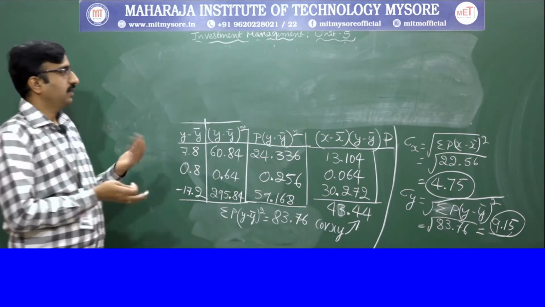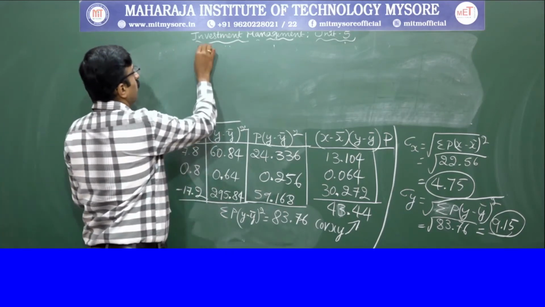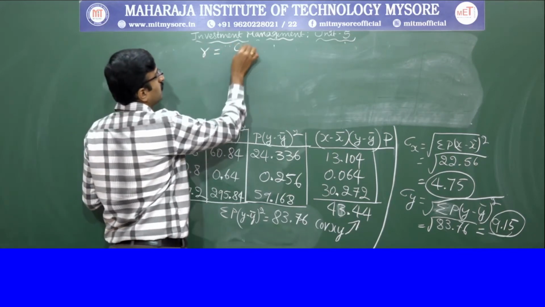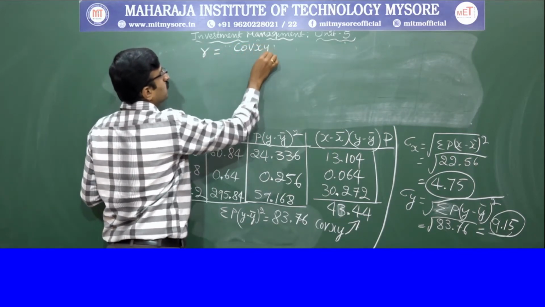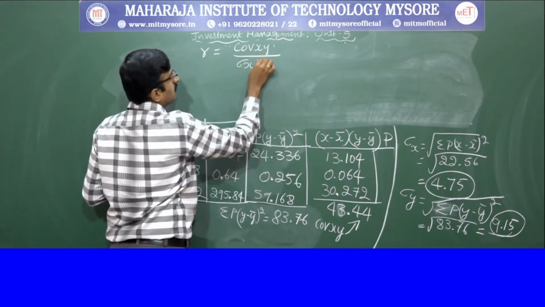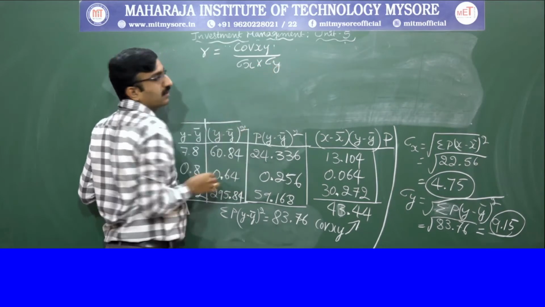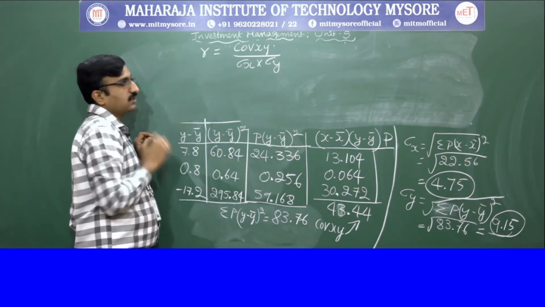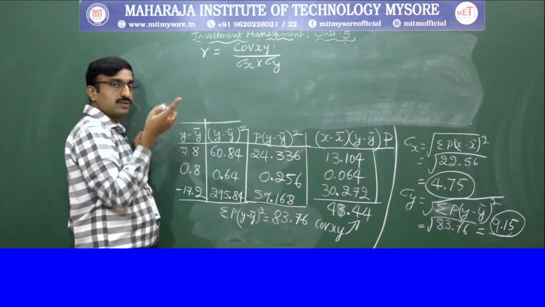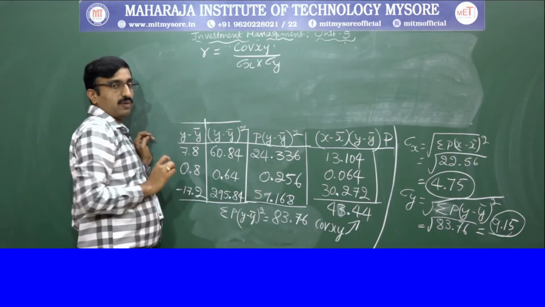Next, moving on to calculation of R, that is correlation. They have not given it in the problem. Correlation is equal to covariance of x, y divided by standard deviation of x into standard deviation of y. Isn't it? So, go back to second unit, remember the formula.